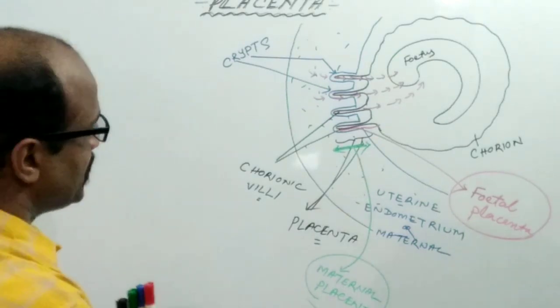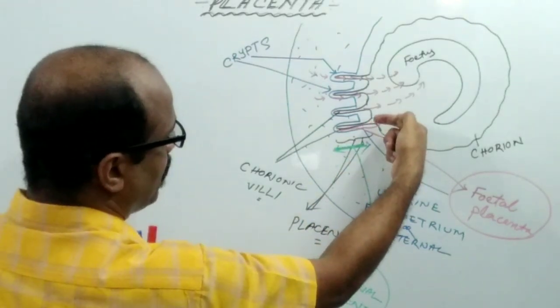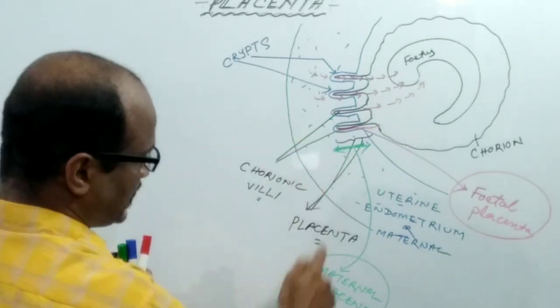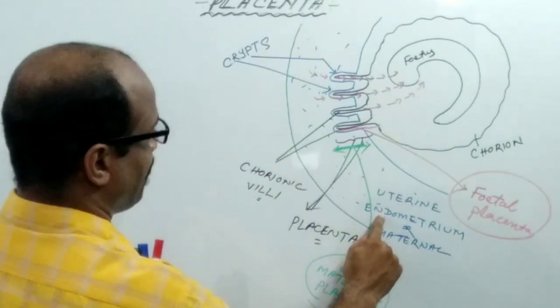So here you observe that these are the villi which penetrate into the uterine endometrium.